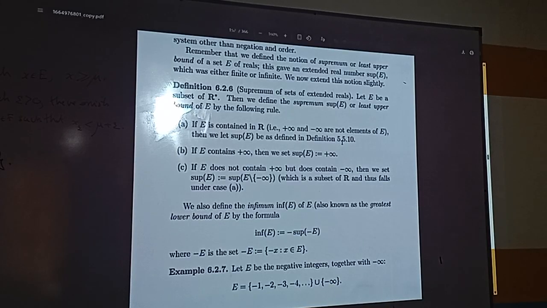Negative negative x is always equal to x. From here we learn that for x real, negative negative x is x, and even for infinity that is true. For the other things you have proved it. Here it is by definition.